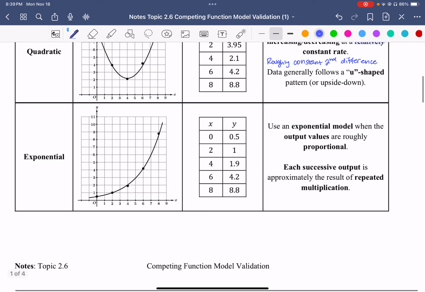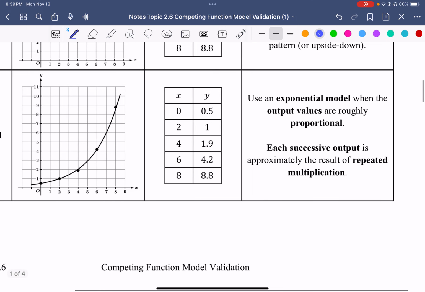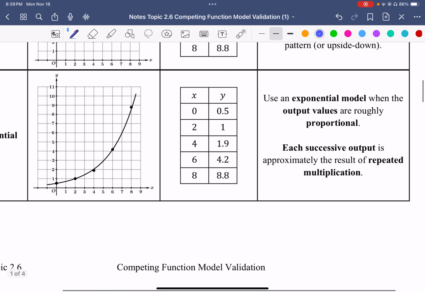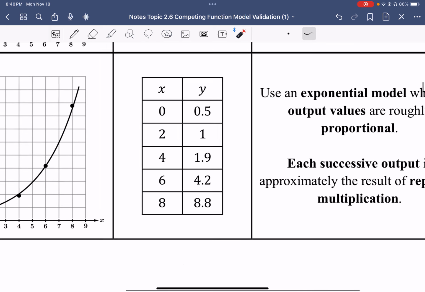Okay. Next up, we have exponential. You use an exponential model when the output values are roughly proportional, and that just means that each successive output is approximately the result of repeated multiplication. We talked about exponential growth versus exponential decay, so you can have both there.